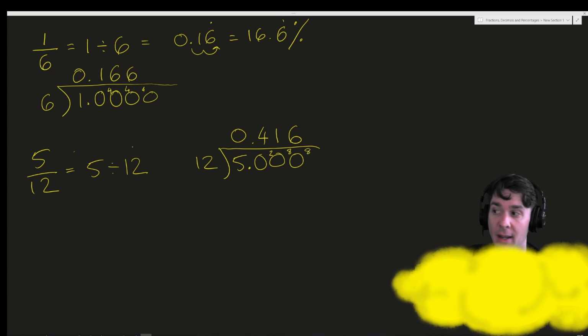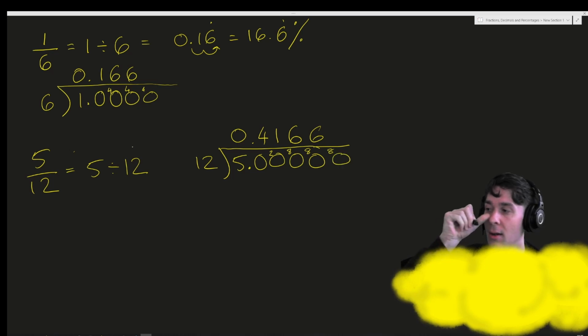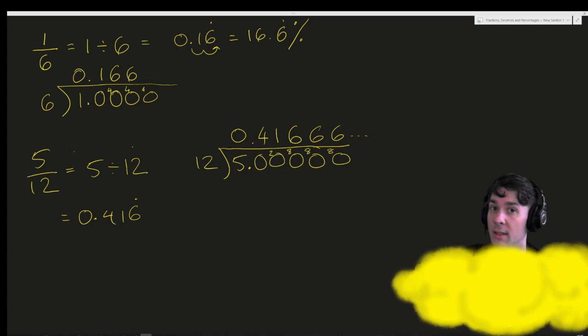We have a remainder of 8 again. And we can see here that we have now reached a repeating decimal. So we can say our answer will be 5 over 12 is 0.416 repeater. To convert this decimal into a percentage, we multiply by 100.